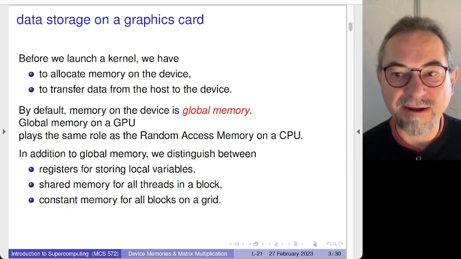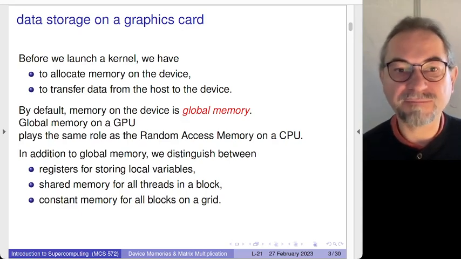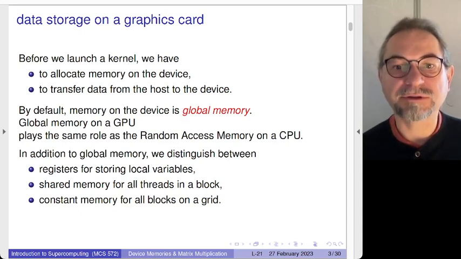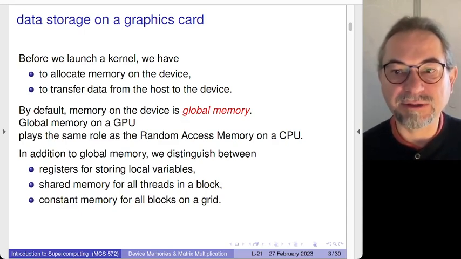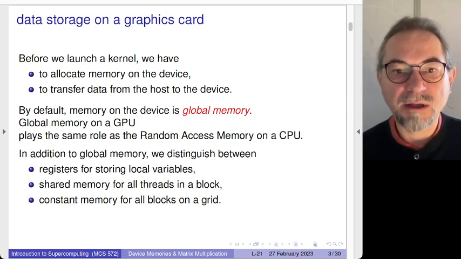In every accelerated program we must allocate memory, also deallocate afterwards, and also transfer data from the host to the device, and afterwards transfer the results from the device to the host.